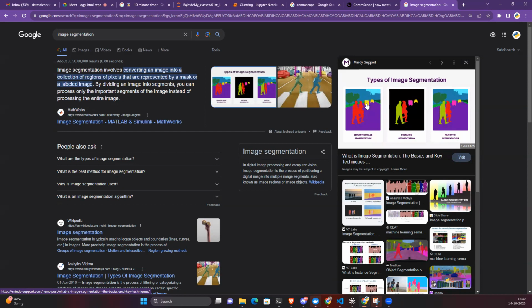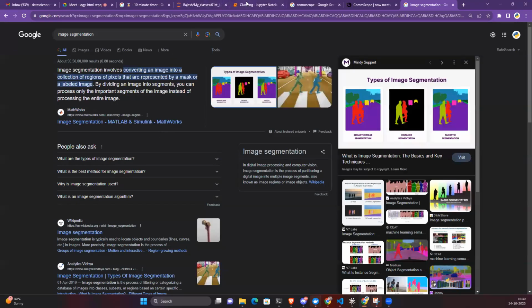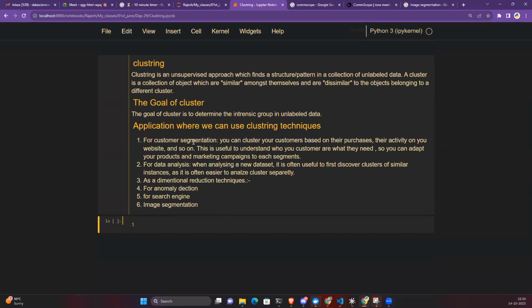If it is a vehicle, then we segment it in yellow color. Like this we are trying to do. This is called image segmentation. So in image segmentation also we can use this kind of clustering techniques. These are the different kinds of applications where we can use clustering.